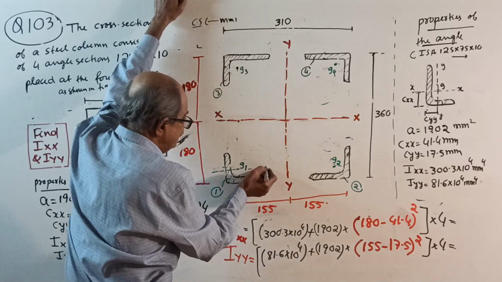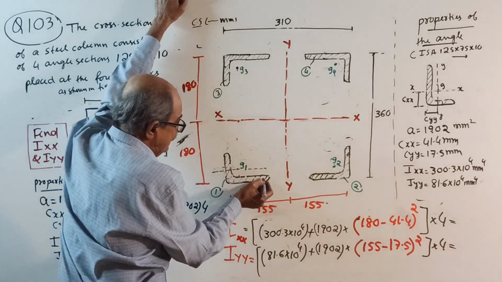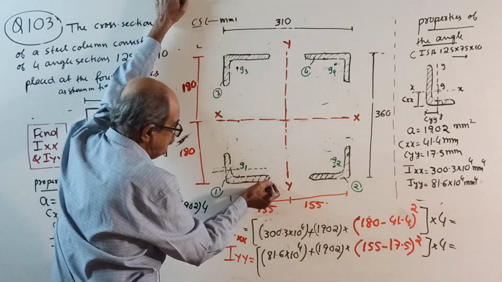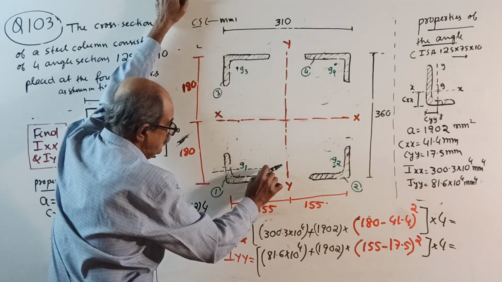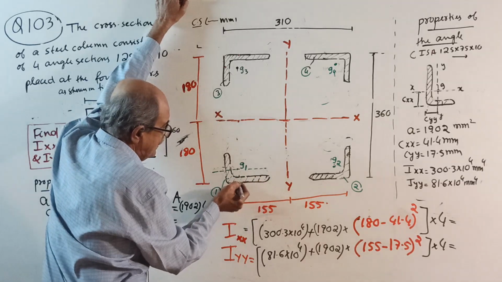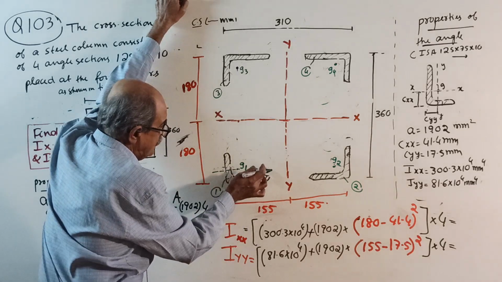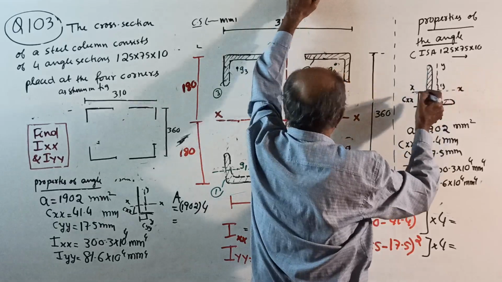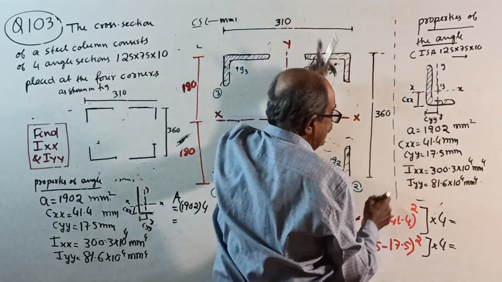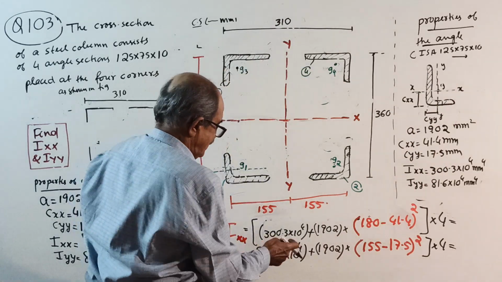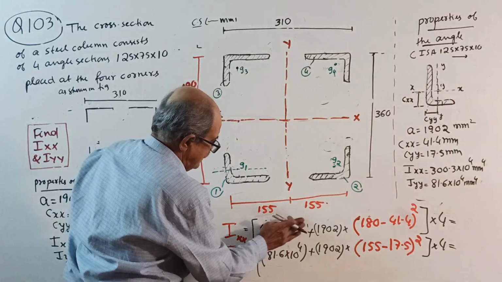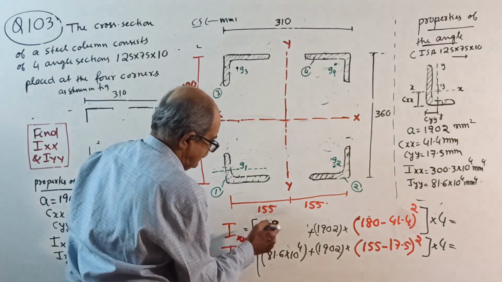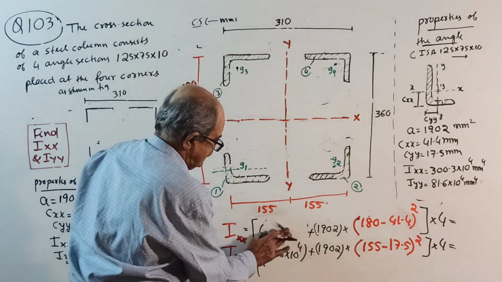This is the centroidal axis which is parallel to the longer leg. See, longer leg here, from the longer leg parallel, so this axis. So that is I about YY. 81.6 times 10 to the power 4 will come here. You should be careful.